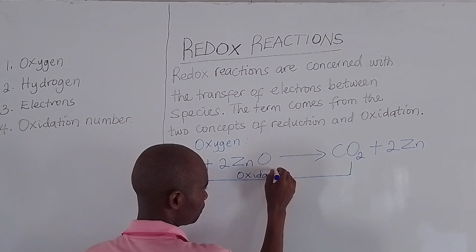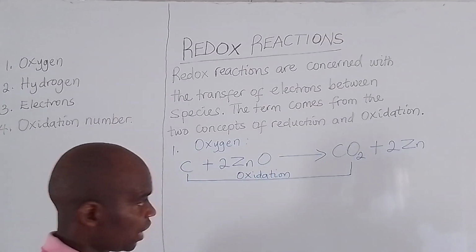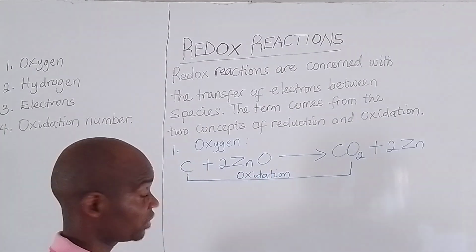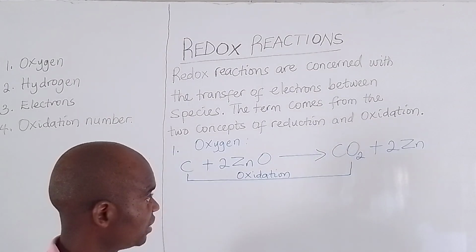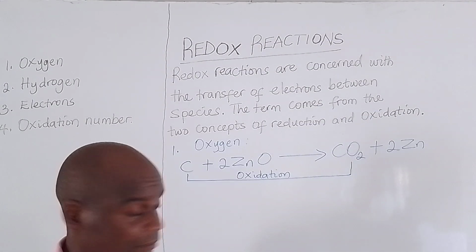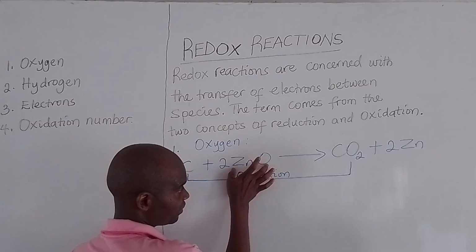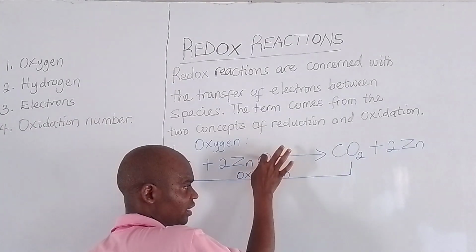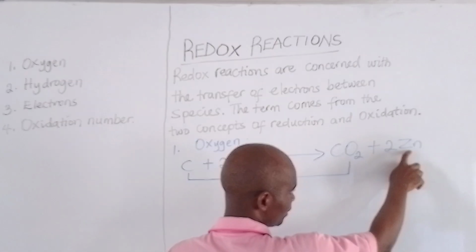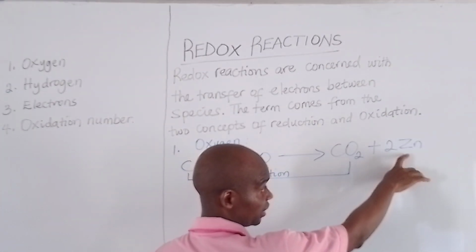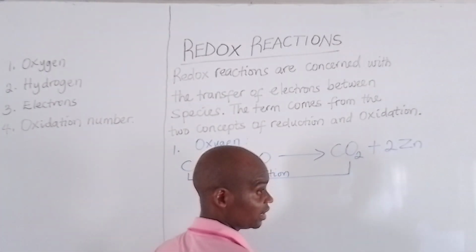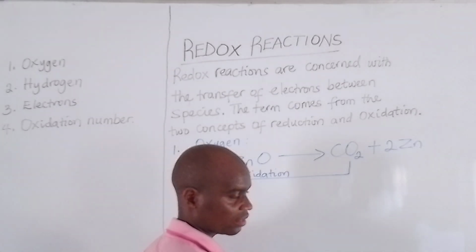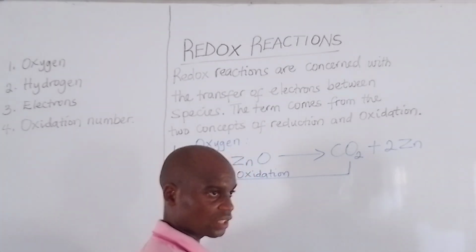However, we say reduction is the removal of oxygen from a substance. On the left hand side we have zinc with oxygen, but on the right hand side you can see zinc is all alone with no oxygen, meaning oxygen has been removed from it.